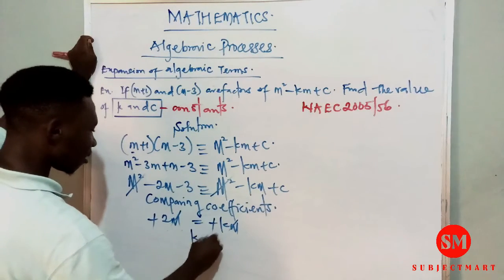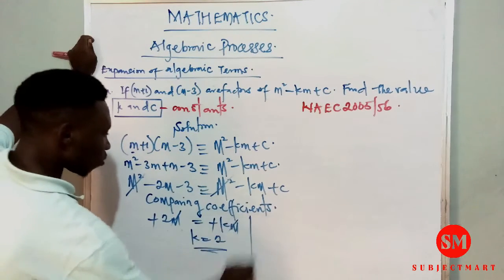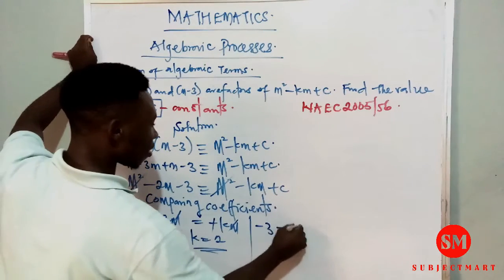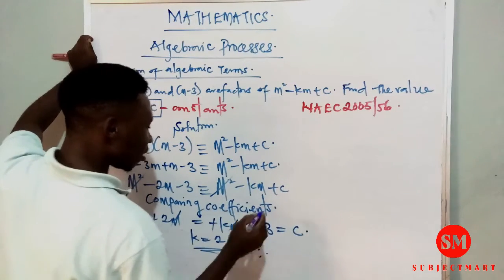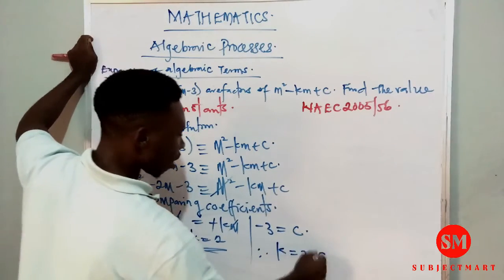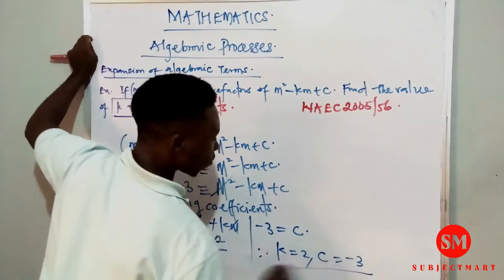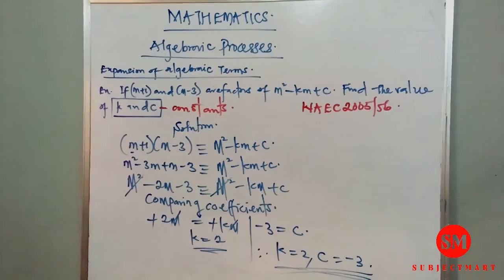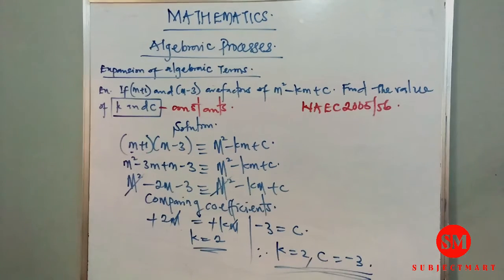So k here is equal to 2. Now, at last, we have minus 3 here equal to c. Therefore, k is equal to 2 and c is equal to minus 3. So this past question has been able to justify the solution to this particular expression.